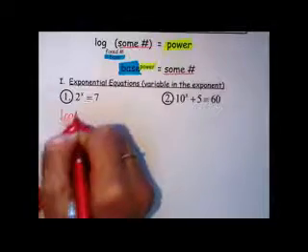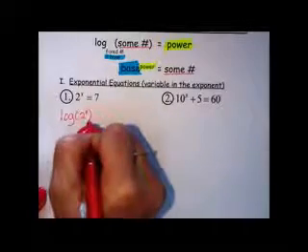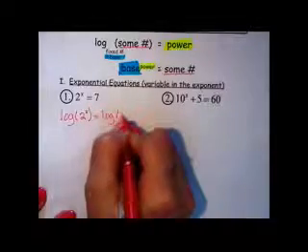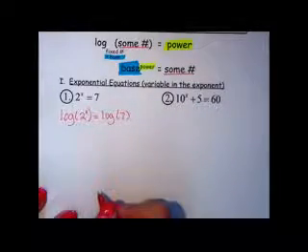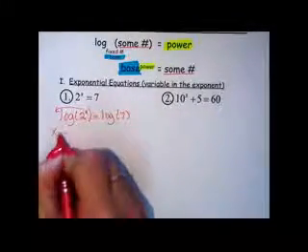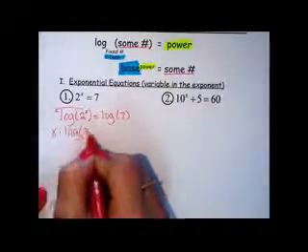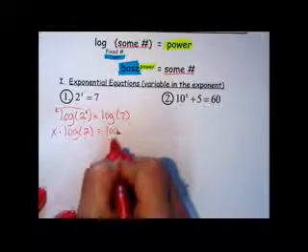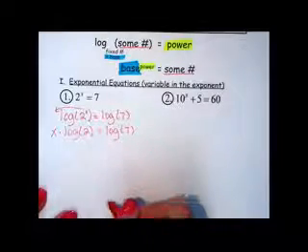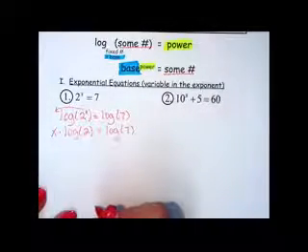We'll do the log of 2 to the x power, but what you do to one side, you have to do the other, equals log of 7. That allows us to take this x and bring it out. So x times log of 2 equals log of 7. Now all we need to do is get our logs together.